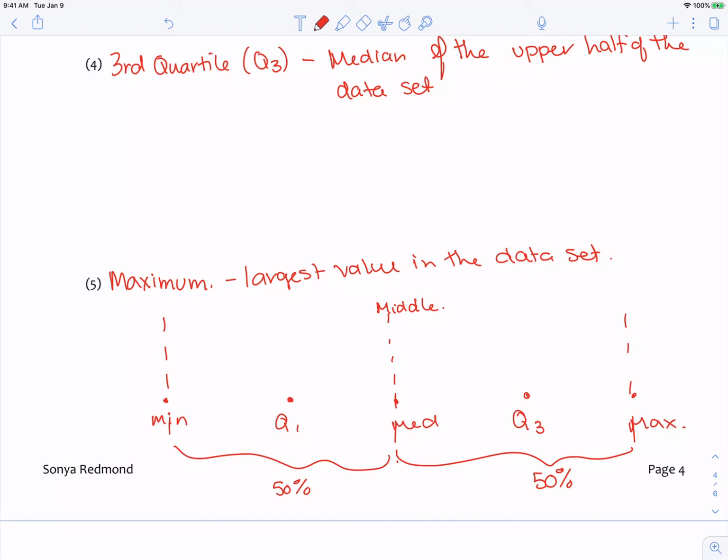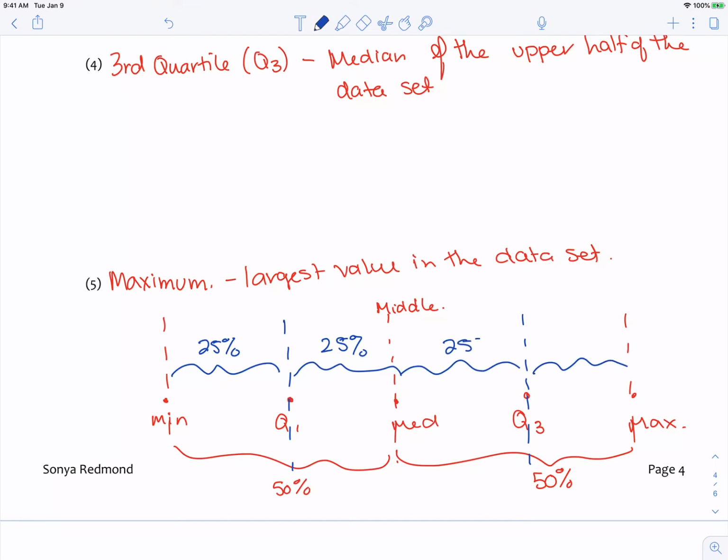And then Q1 and Q3 are the medians of each of those upper and lower halves. So if we split those 50% up, you'll notice that there is 25% of our data in each of those regions we create with Q1 and Q3 between the min, max, and the median.